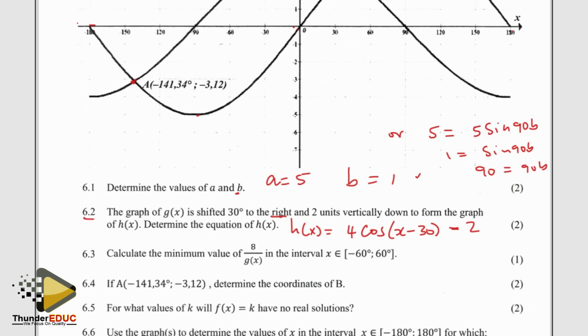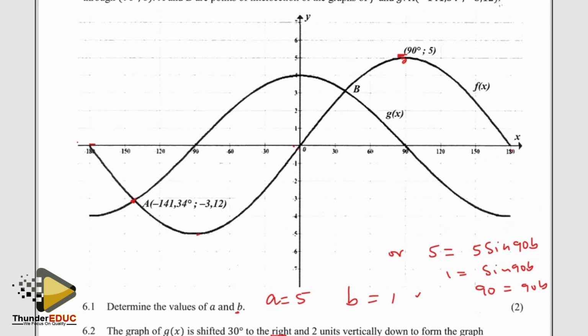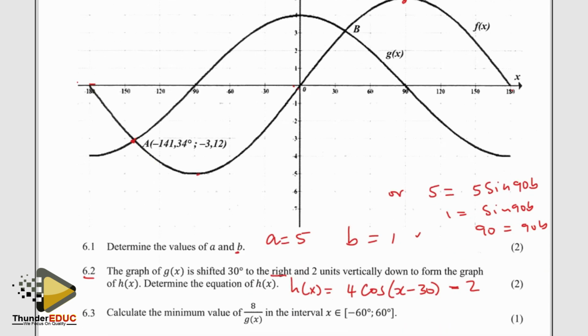Then 6.3, 1 mark. Calculate the minimum value of 8 over g of x in the interval. Okay, so currently the minimum and maximum is 4 and negative 4.